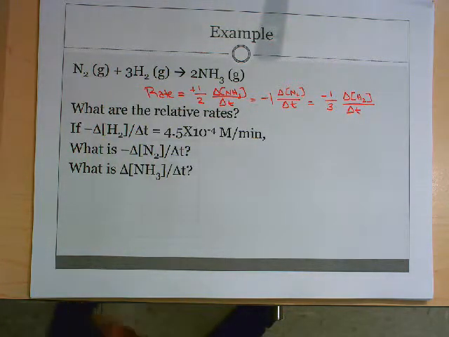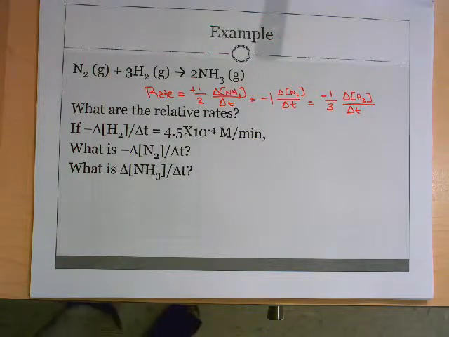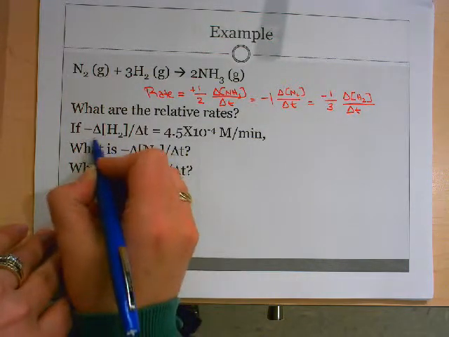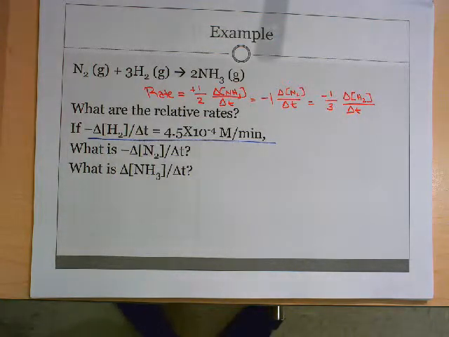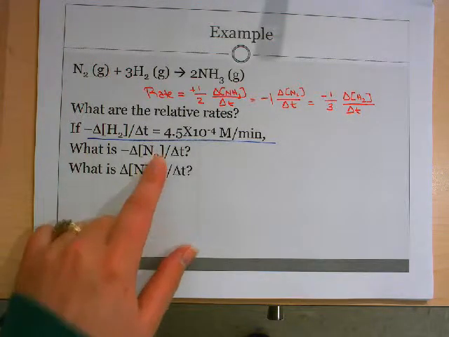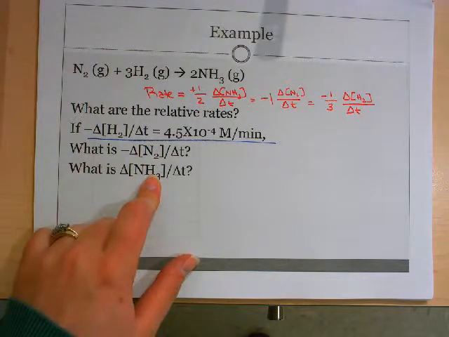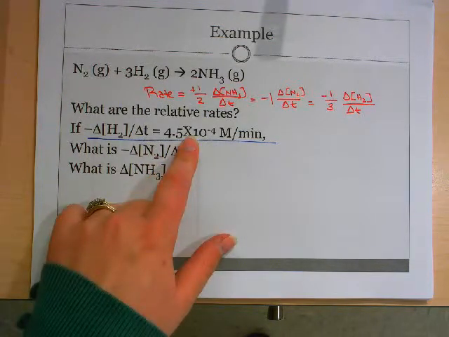Alright, I did this experiment and I determined this bit of information. I want to find out what the other two relative rates are, given that I know this part.